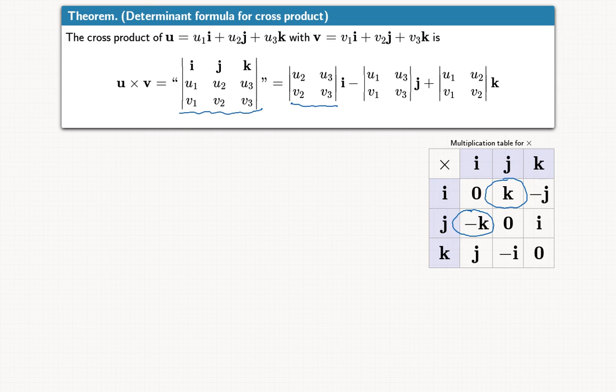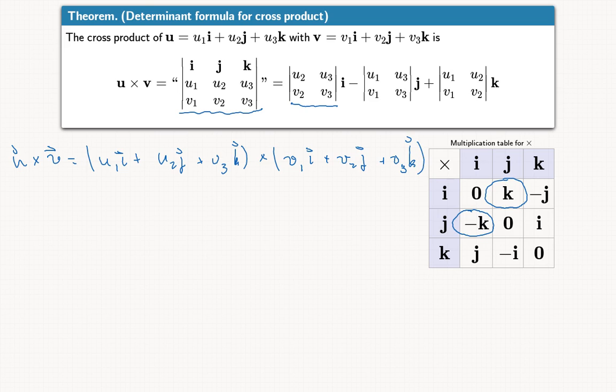Okay, so now for two general vectors, u cross v, this is u1 i plus u2 j plus u3 k cross v1 i plus v2 j plus v3 k.